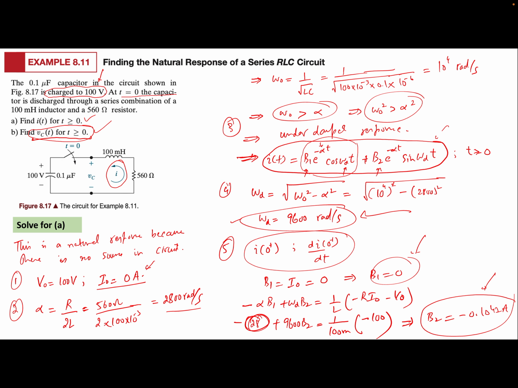Otherwise there will be only the constants a1, a2, b1, b2, d1, d2, and for those, two equations are given in the tables. You can use those two equations to find the values and complete the expression. If those equations are not given, you can easily derive them using this property, and we have derived those equations in detail in the parallel RLC circuit examples.